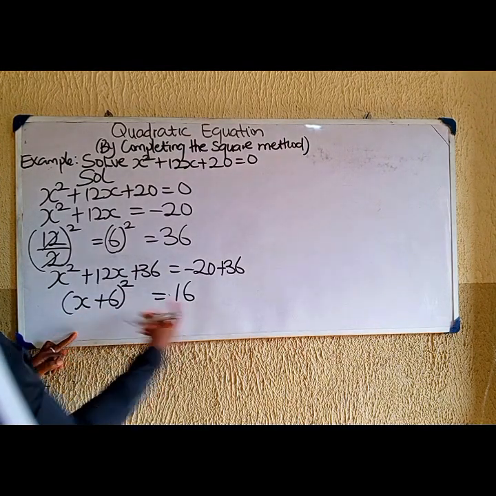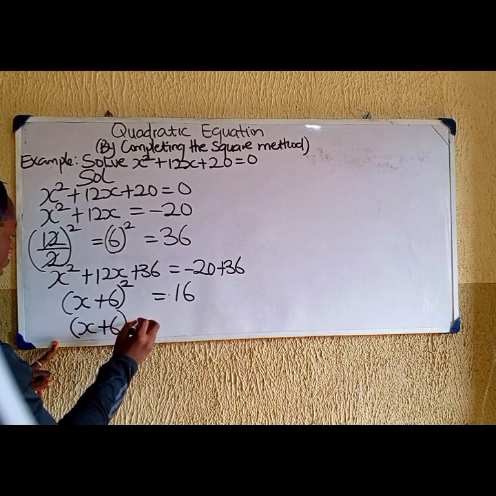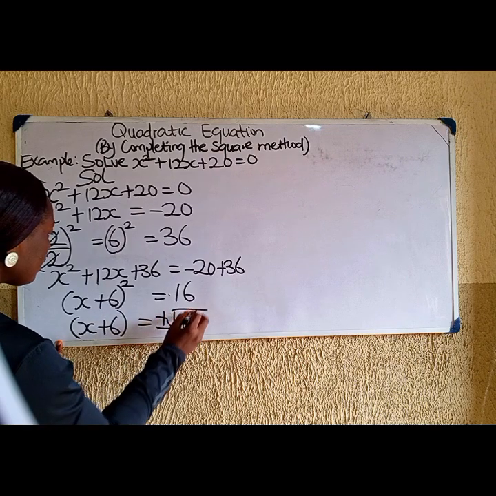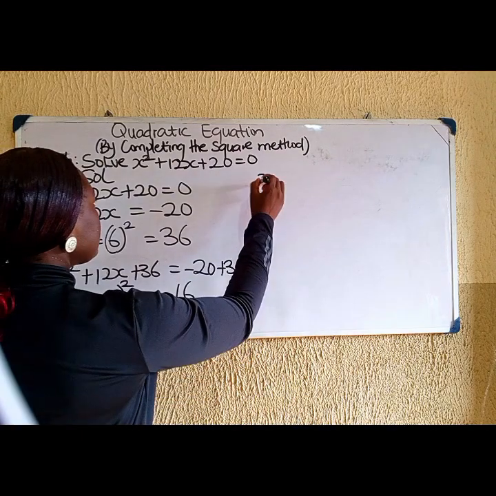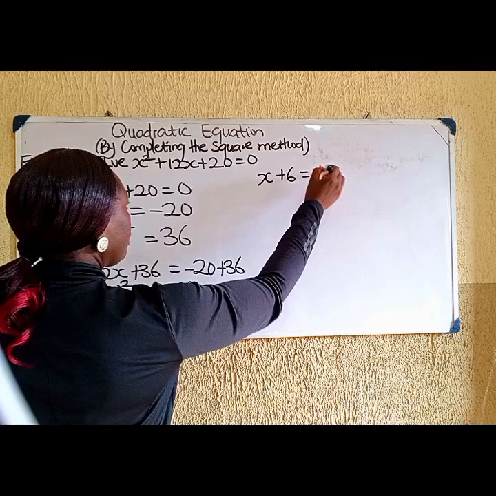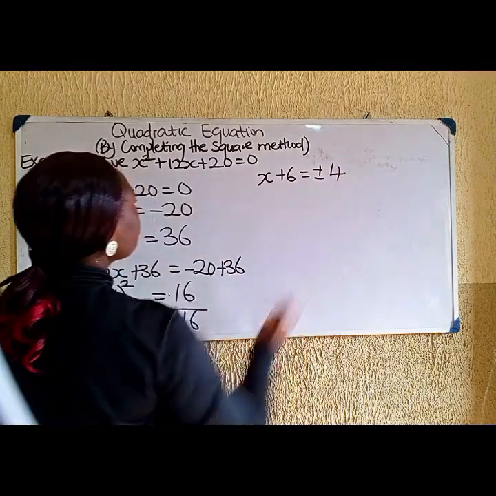So when I take the square root of both sides, I will have x plus 6 equals plus or minus the square root of 16, which is equal to plus or minus 4.